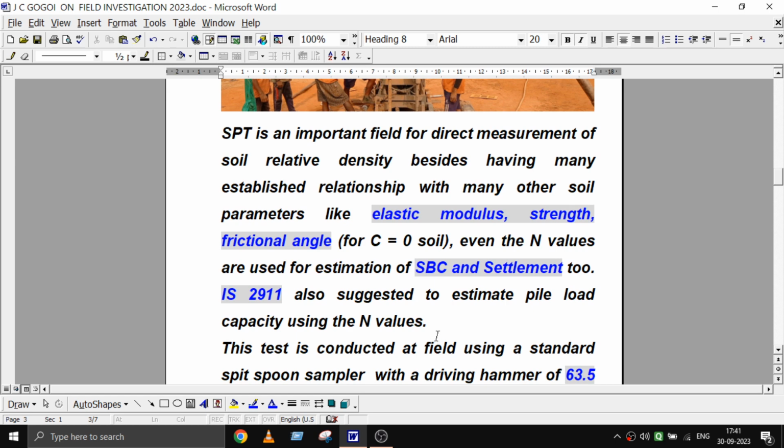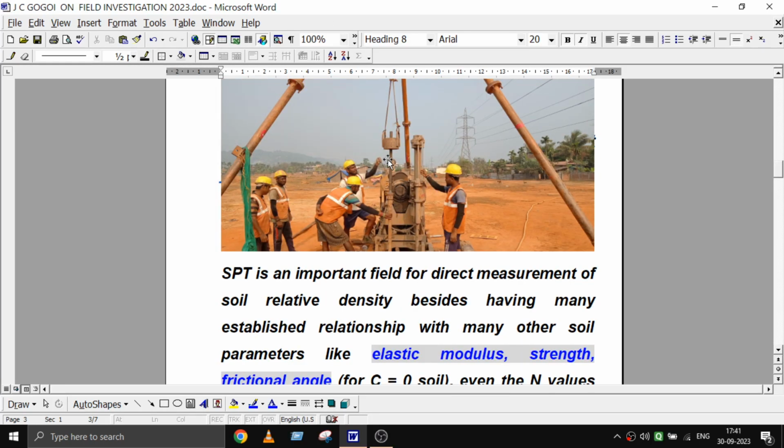This test is conducted in the field using a standard split spoon sampler with a driving weight of, as I told earlier, 63.5 kg. This 63.5 kg falls freely from 75 centimeter, that is 750 mm, from this base to this base.